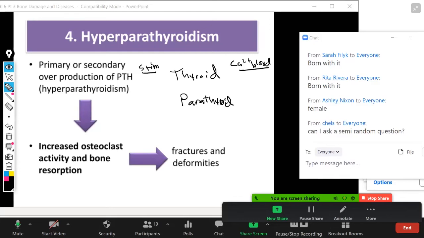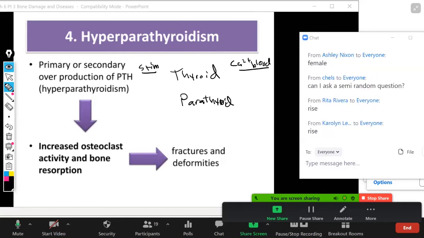See if you can remember. Again, I zipped through it last time, but is the thyroid stimulated by a rise in calcium in the blood or a drop in calcium in the blood? What stimulates the thyroid, a rise or a drop? A rise, you got it.